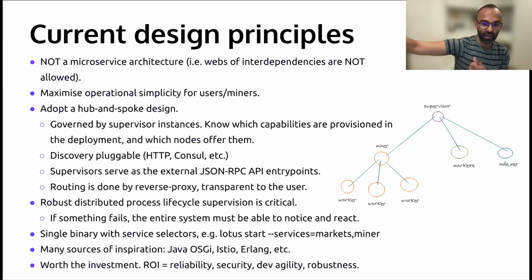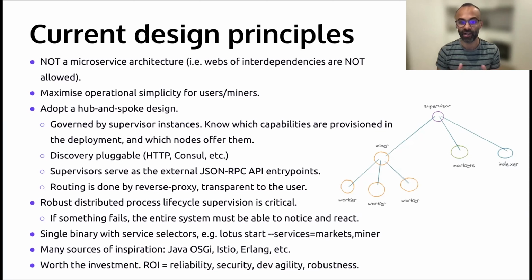So if I want to invoke a particular JSON RPC method, we don't want the client to have to figure out which instance they need to invoke that method on. So supervisors, knowing which capabilities are provisioned by which nodes, could also serve as the JSON RPC API endpoints. And at this stage, we're thinking that routing could be done in a reverse proxy manner. So basically the request comes into a supervisor, which load balances, and then just does a reverse proxy.